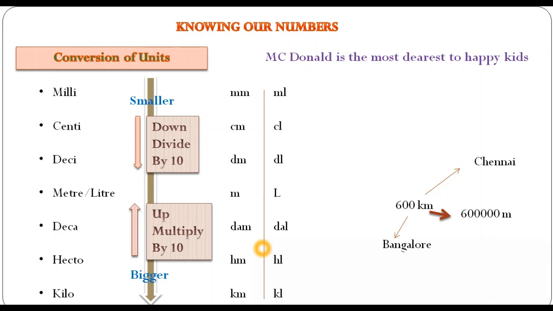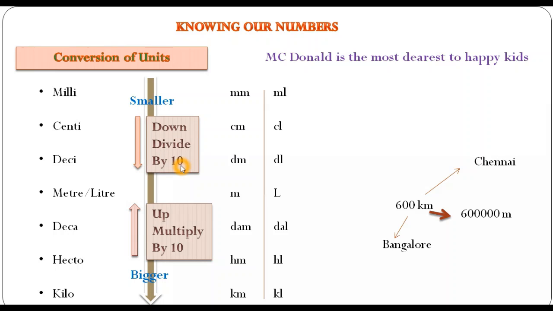So what are the important points that you need to remember for conversion of units? First thing is, remember the order of the units, and for that you remember: McDonald is the most dearest to happy kids. That is milli, centi, deci, deca, hecto, kilo. Right? Now, whenever you move down, you divide. Divide by what?